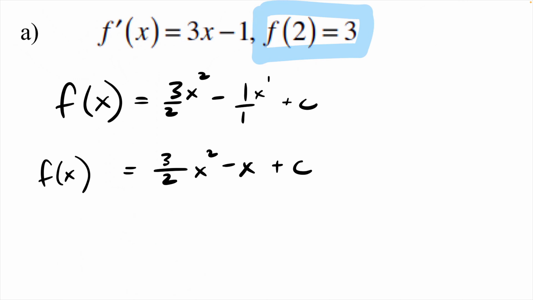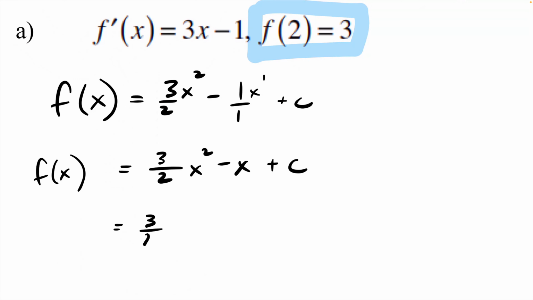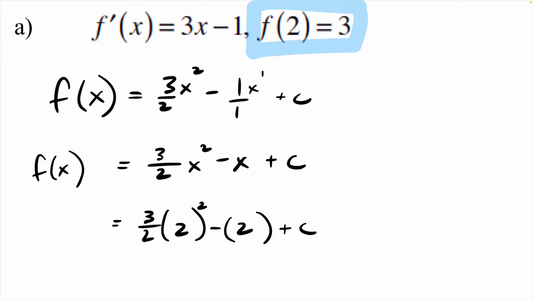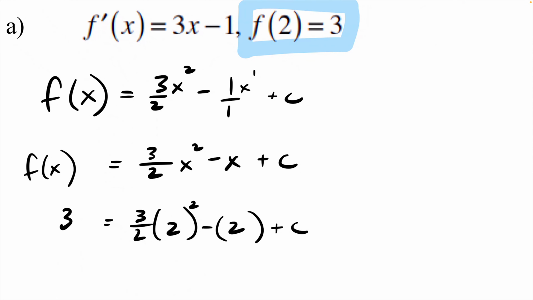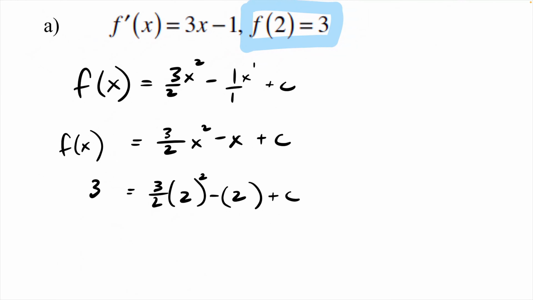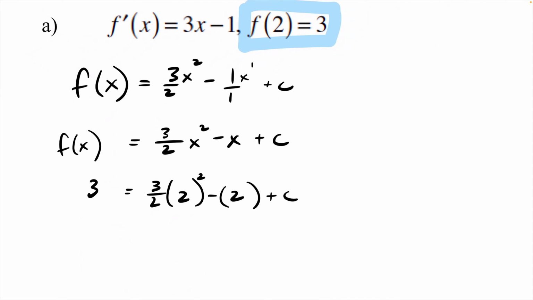So this is on the original. When I plug in 2 for x, I should get 3 as an answer. So what I'm going to do to the original is I'm going to plug in 2. And when I plug in 2, it said I should get 3 as an answer. Well, that way there's only one variable left. It's c. We can solve for c now. Okay, so I get 3 over 2 times 4 minus 2 plus c.